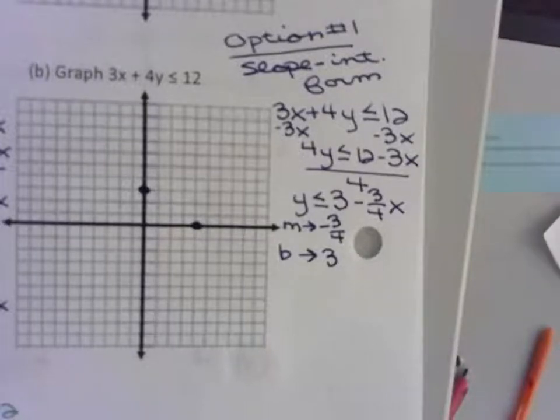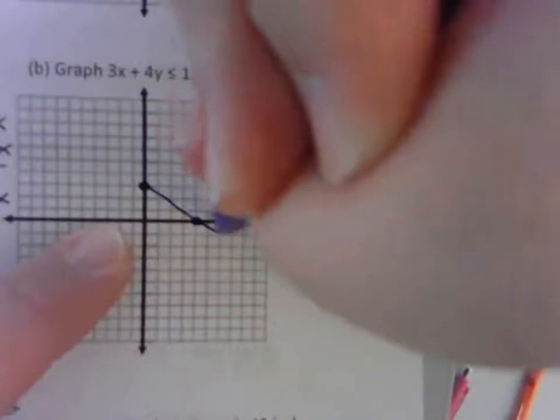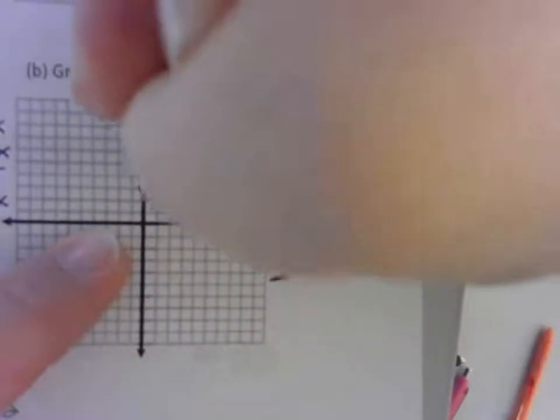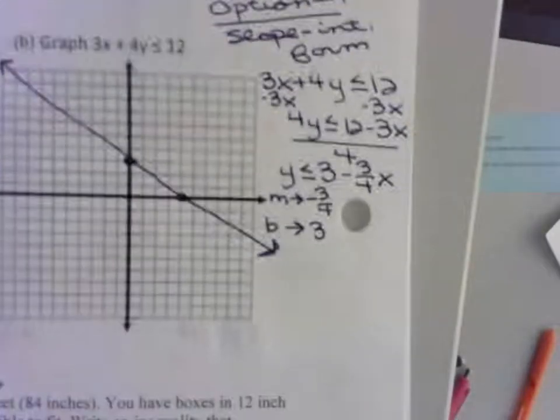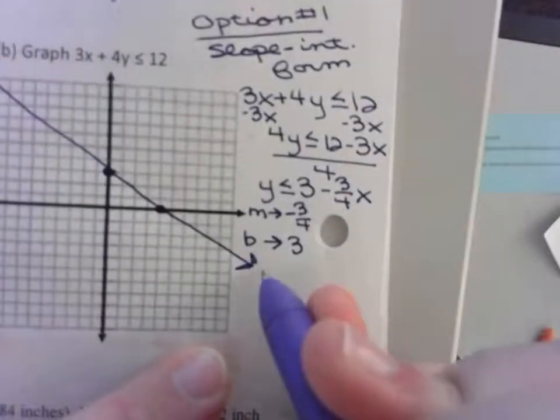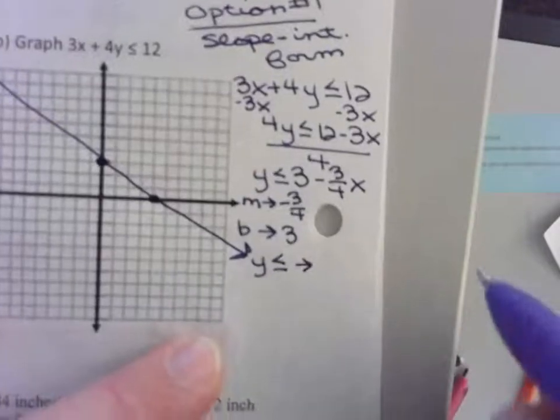Before you draw the line, is it a full or dashed line? Full, because it's less than or equal to. So I can draw a full line through it. Now, slope-intercept form is nice because you can use a shortcut. If y is less than or equal to, which way do I shade?